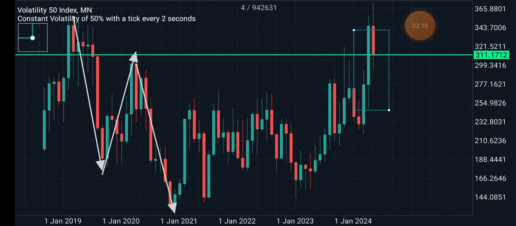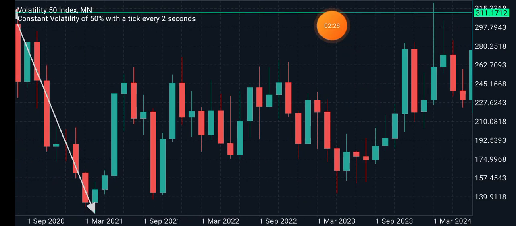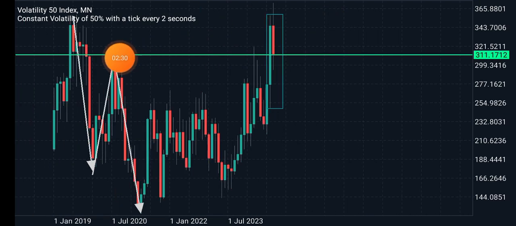This candle started from here down to that green candle, which is this green candle, was the one that broke this. Initially we were doing a lower high, a lower low, a lower high, a lower low. You get me?